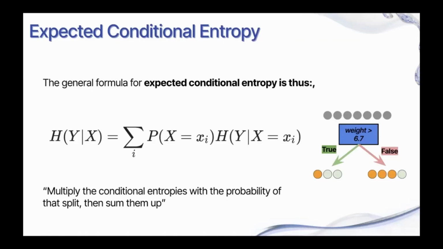So let's say I have an entropy of 0.5 on the left. I'll multiply that by 3/7. Does that make sense? Because that's the proportion of the split that I made when I made that decision. You do the same thing. If I have 0.5 entropy on the right, then I'll multiply that by 4/7. And I'll add them together, and that will be my expected conditional entropy.